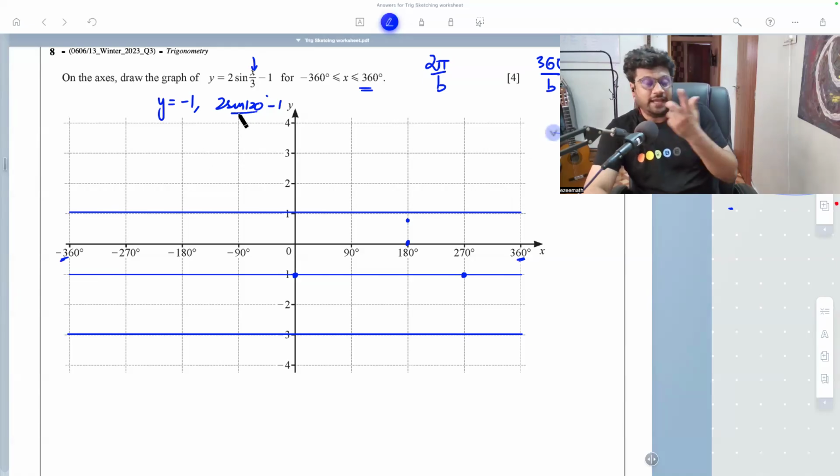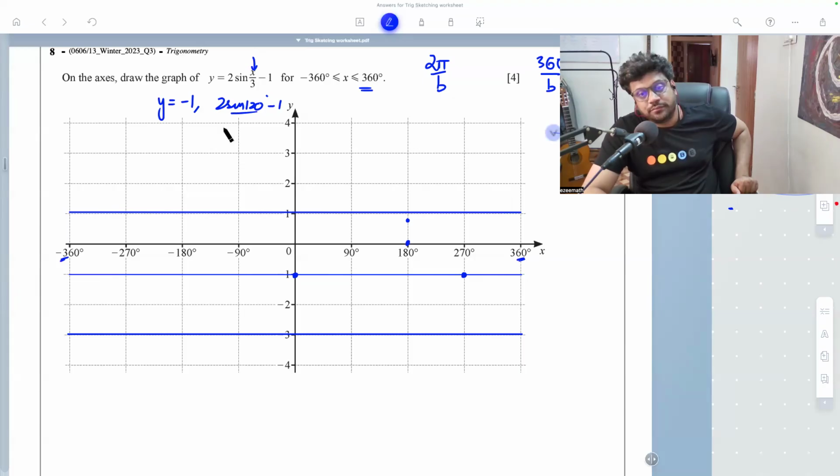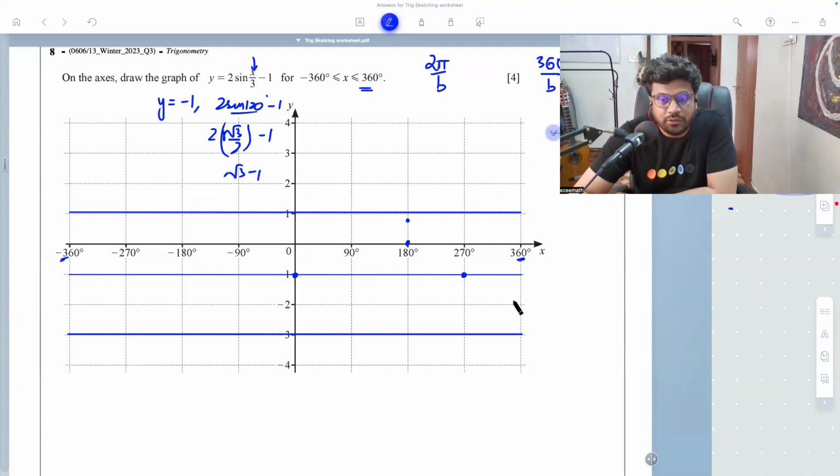Sine of 120, we have already seen, is root 3 by 2. So 2 times root 3 over 2 minus 1. That's root 3 minus 1, and again, 0.732.